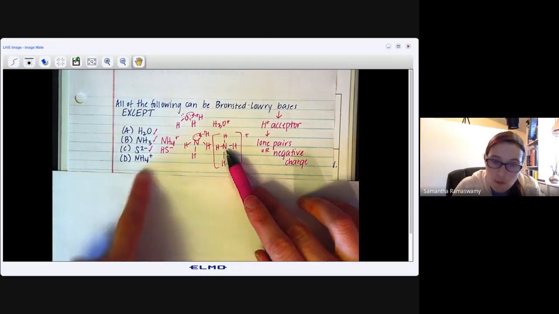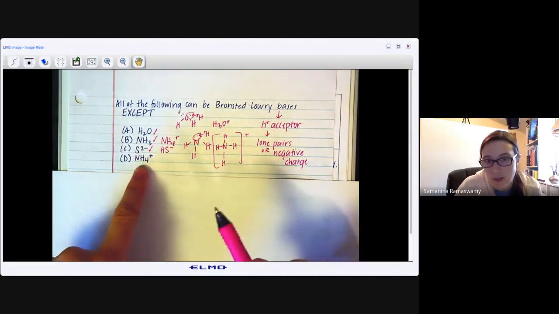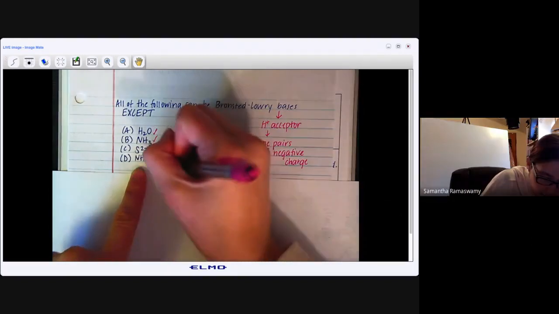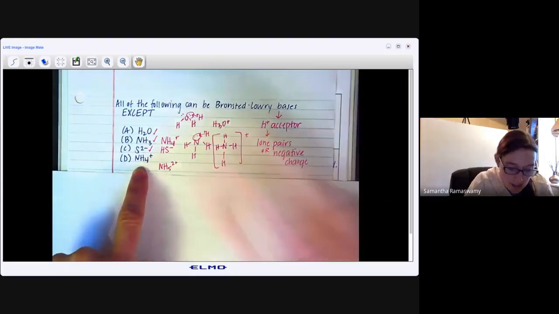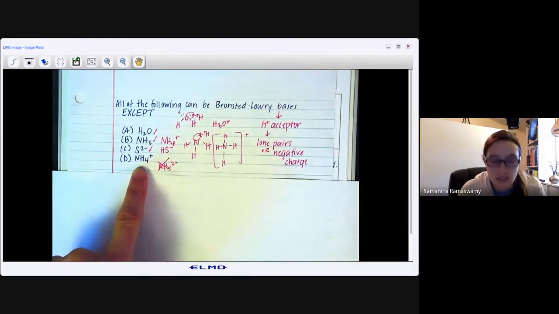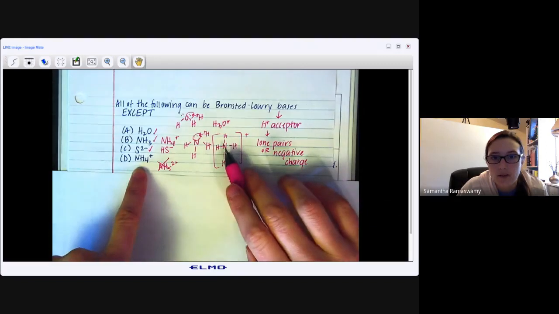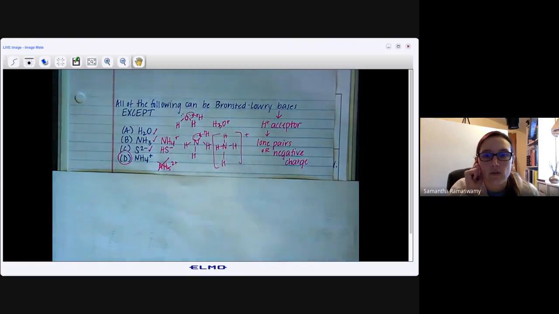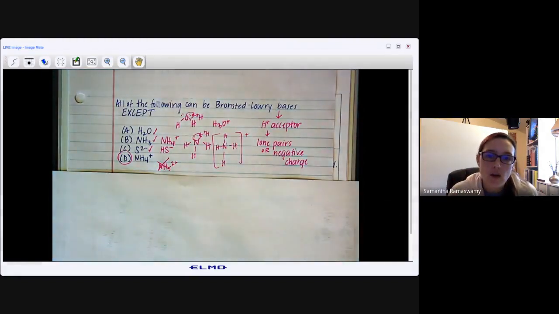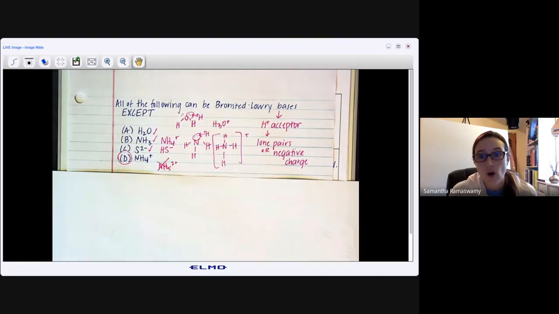NH4 plus cannot accept a proton because that would create something that looks like this, NH5 2 plus. Nitrogen cannot have 5 bonds. Nitrogen can only have 4 bonds. So our answer is NH4 plus. H2O, NH3, and S2 minus can all act as Bronsted-Lowry bases. NH4 plus cannot. So that's a Bronsted-Lowry base sample multiple choice question.